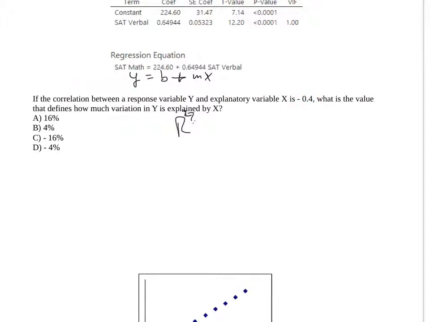Well, that's pretty easy. We're just going to do the opposite of what we did last time. We're going to take negative 0.4 and we're going to square it. So what's that squared? Go to the calculator, or if you can do it in your head, great. You're going to get a value of 0.16, right? Now if you square a negative value, like I'm doing here, can that square ever be positive?